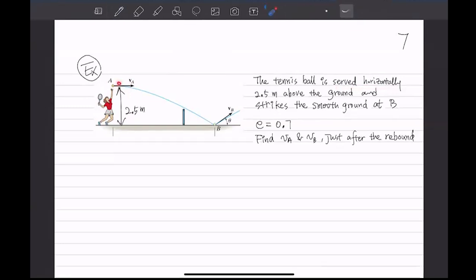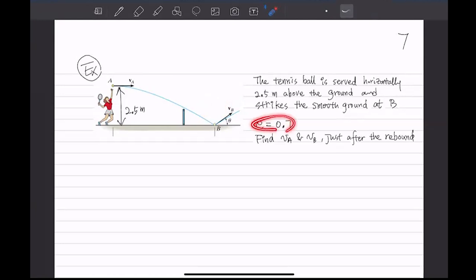And it strikes the ground here, and this ground is smooth. So there's no friction or anything in the horizontal direction, okay? So you can imagine the velocity that comes in and goes out is going to be the same. Only the velocity in the vertical direction might change.